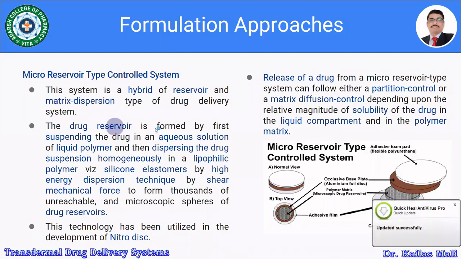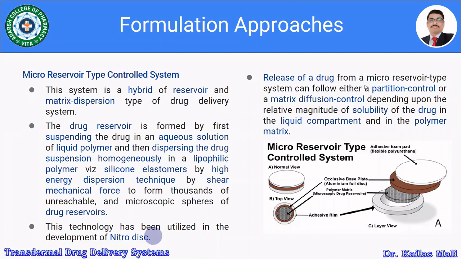The drug reservoir is formed by first suspending the drug in an aqueous solution of liquid polymer and then dispersing the drug suspension homogeneously in a lipophilic polymer, for example silicone elastomers, by high energy dispersion technique or by shear mechanical force to form thousands of unleachable microscopic spheres of drug reservoir. This technology has been utilized in the development of Nitro-Disc. So this is the example.